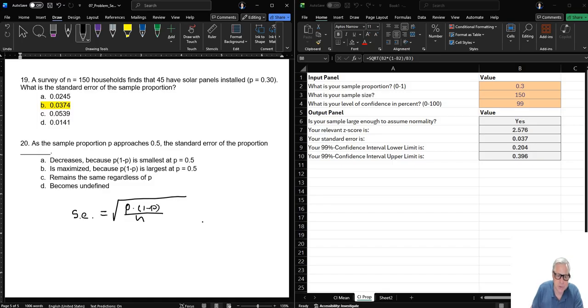So if p approaches 0.5, then the maximum value that we can get under the square root, holding n constant, is when p is 0.5, because 0.5 times 0.5 is 0.25. But with 0.4 and 0.6, it is 0.24, so it becomes less, and with 0.3 times 0.7, you are down to 0.21. So the maximum standard error, holding everything else constant, is when you have a probability of 0.5. So that is maximized, and that is B.